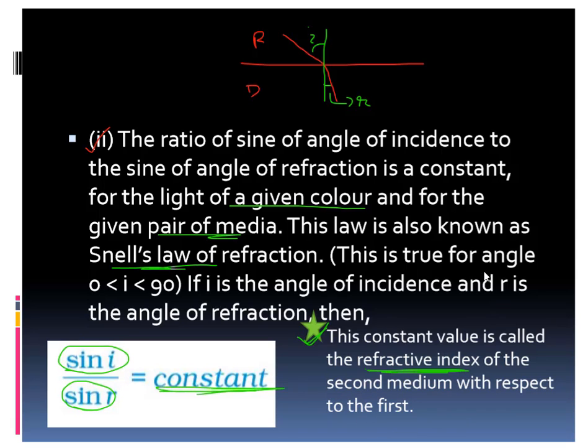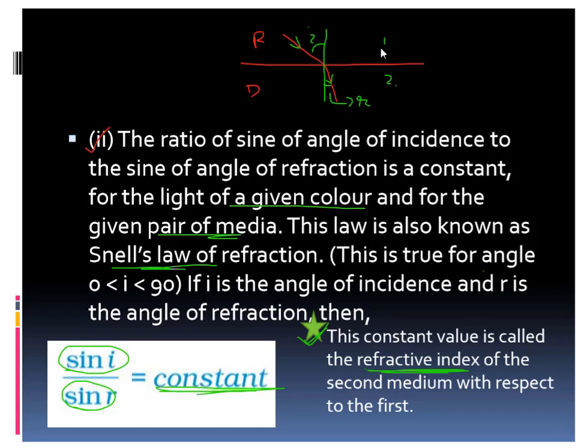So this is the first medium, this is the second medium. Which one is first and which one is second medium is decided according to the ray of light. So this light is coming from rarer to denser. That is why it is first medium, this is second medium. Now this constant is known as refractive index of the second medium with respect to the first medium.